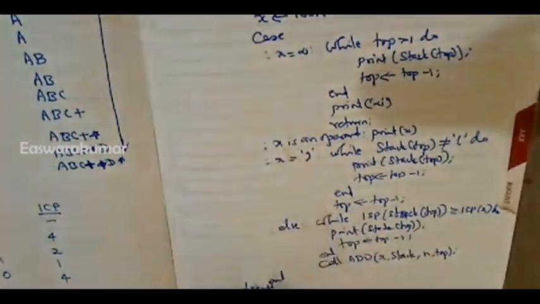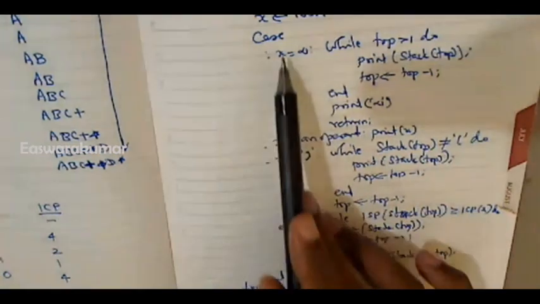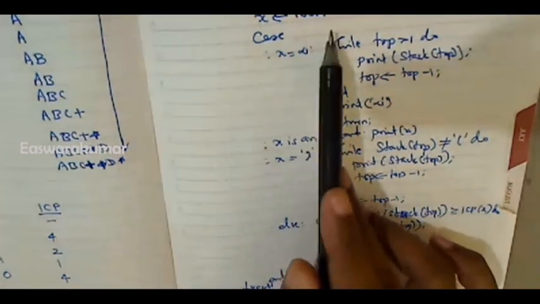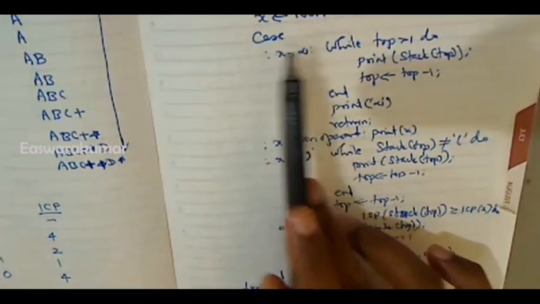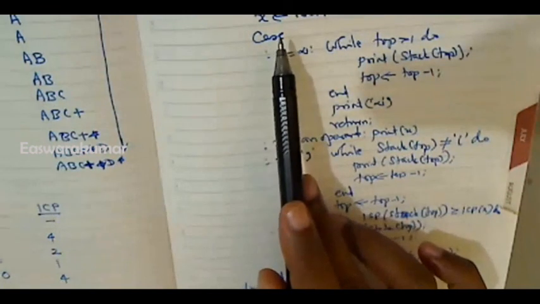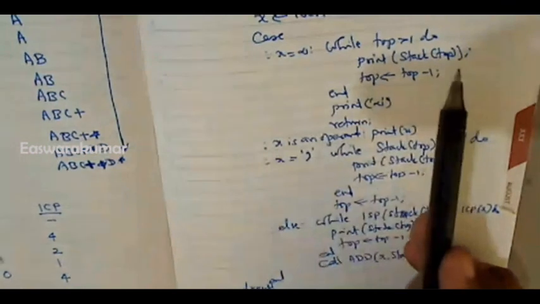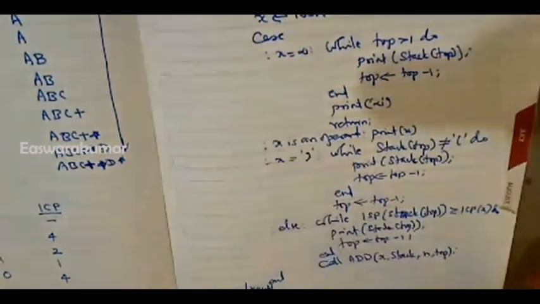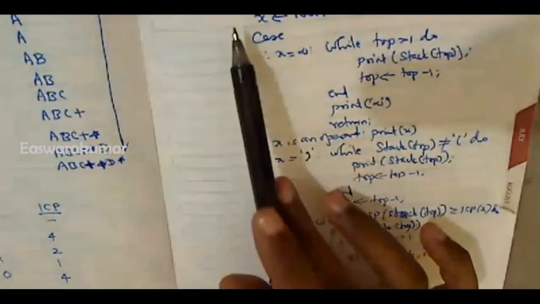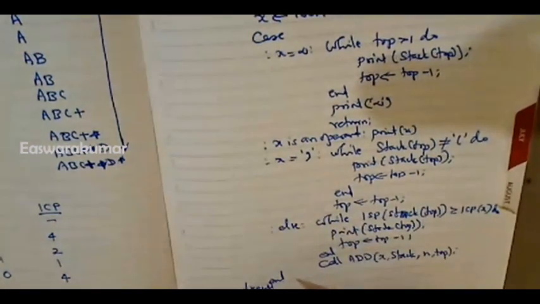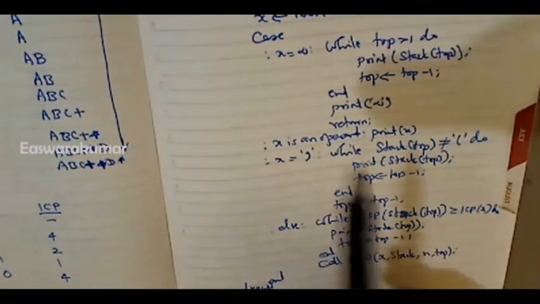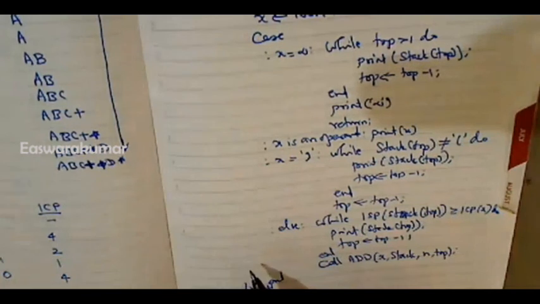If you take the loop forever, this case statement will be executed for every token. Once a token is considered, the same token will not be repeated. So if the number of tokens, the length of the expression, is n, then this loop forever cannot exceed the value of n. So within order of n time we can do that, right?